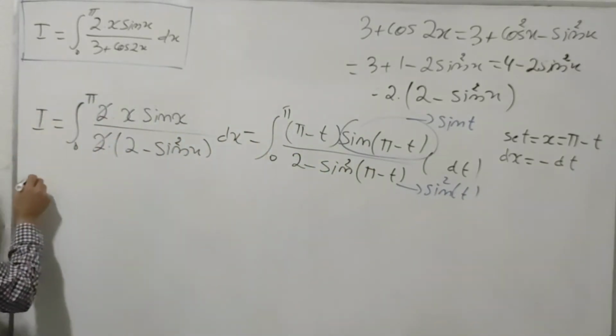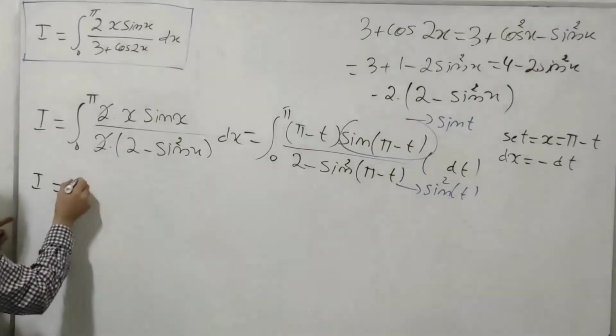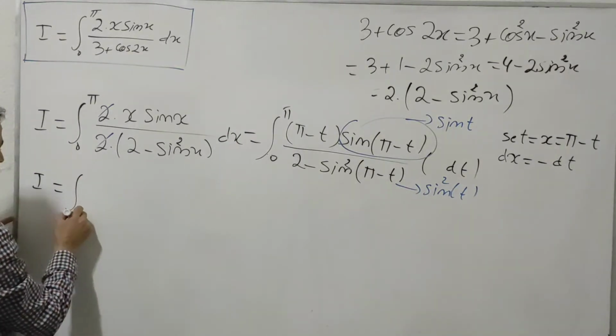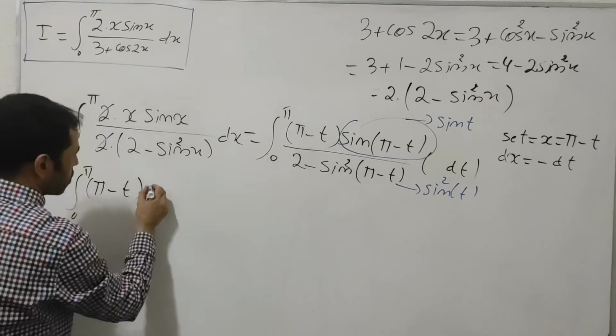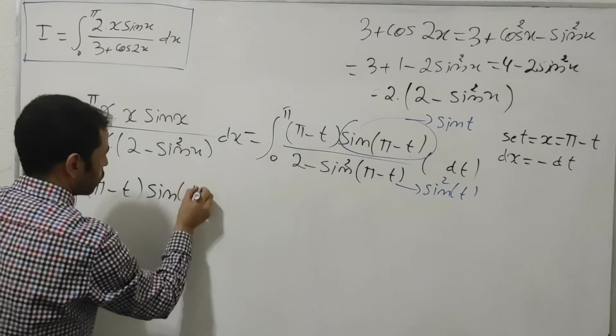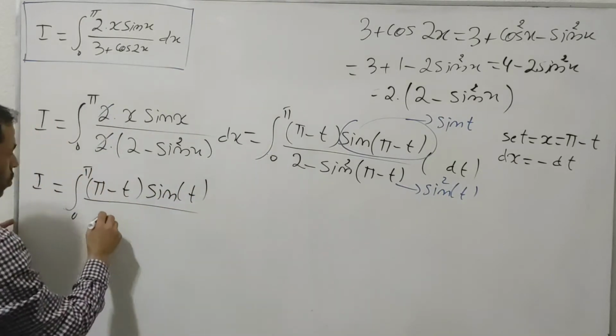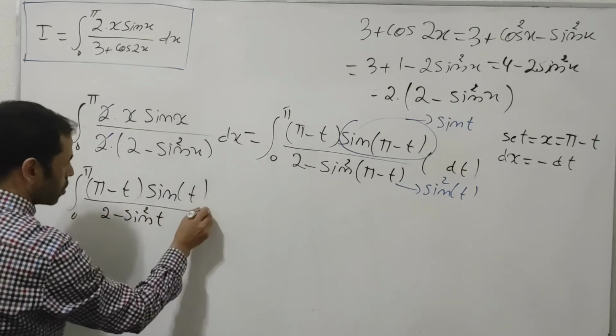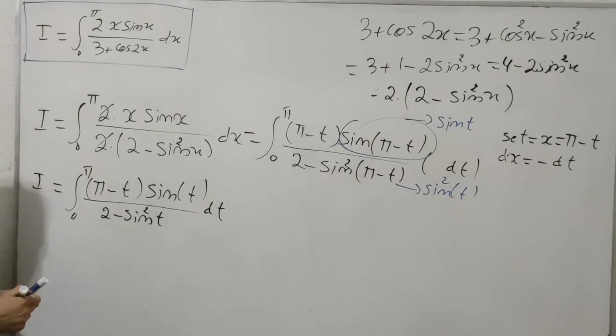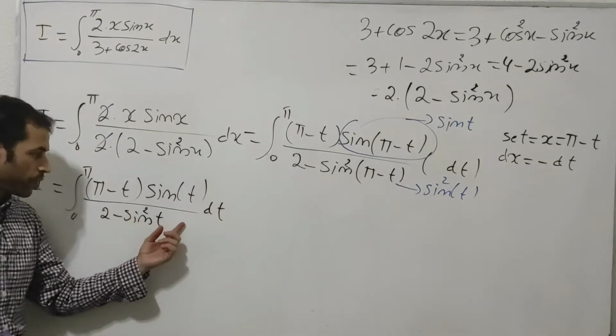Now I will have a new integral of I equals the integral from 0 to pi of pi minus t, factor sine of t, all over 2 minus sine square t dt. Now the integral is in terms of t as a variable.